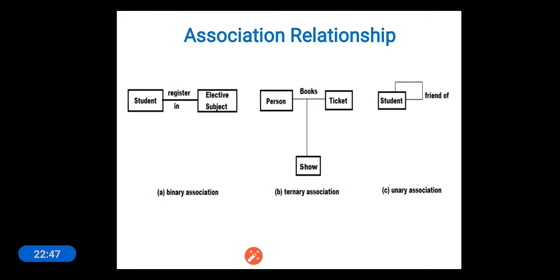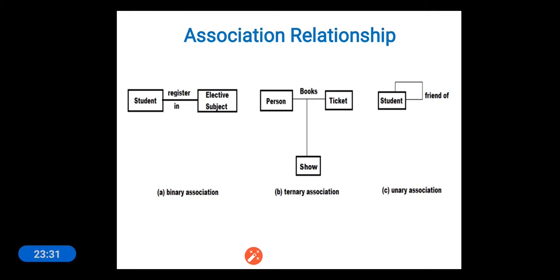And at the same time, methods like print name and print roll number, those methods of the student class can now be accessed by the elective subject. In this manner, both the classes are sharing their identity with each other. The elective object knows the details of the student object, and at the same time the student will know the details of the elective subject. So in this case we can say that a student is associated with the elective subject, and in order to represent the association we can make use of a single line.